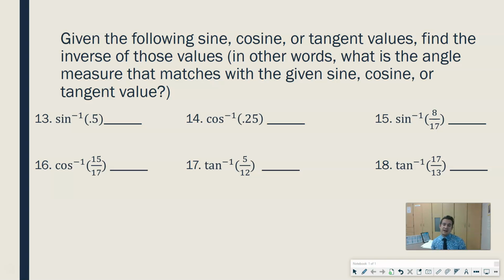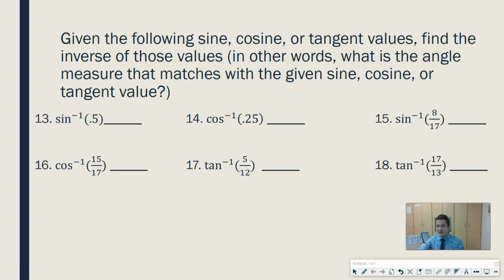So before, if I gave you the angle, my calculator can tell you what the sine, cosine, or tangent fractions are. If I give you what the sine, cosine, or tangent fractions are, you can use the inverse sine, cosine, and tangent to find the angles. In our calculators, the way that you do the inverse sine, cosine, and tangent is by pushing this second button.